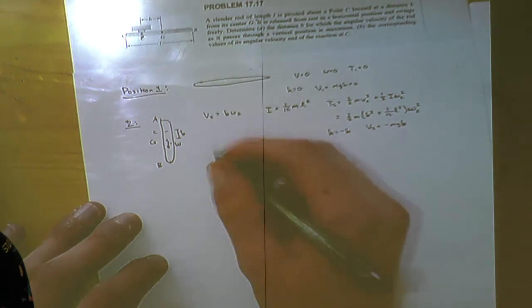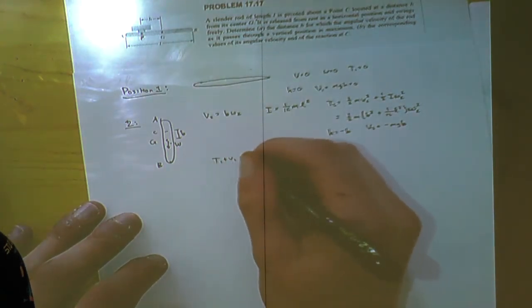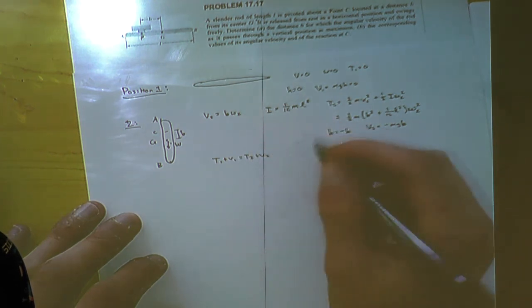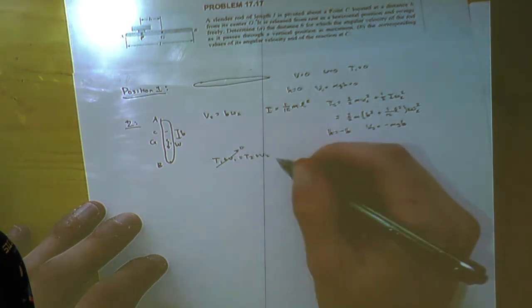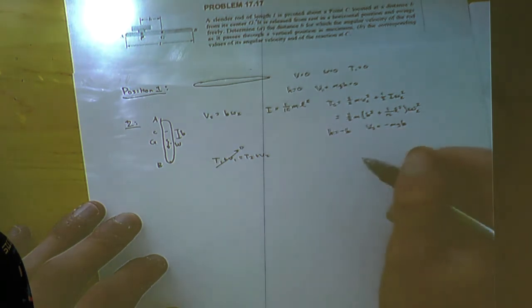So using the principle of conservation of energy, we have T1 plus V1 equals T2 plus V2. So this is all 0. So we have T2 is equal to V2.